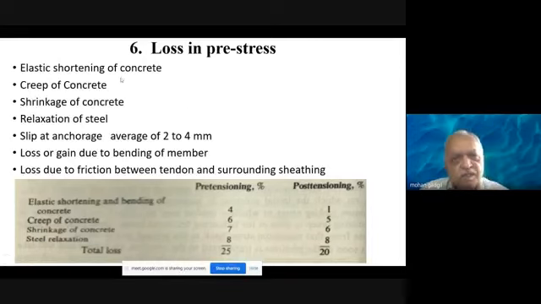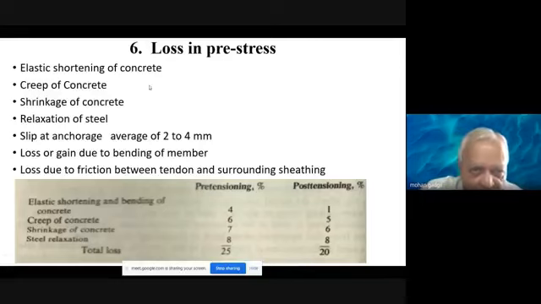So if initially you had applied, let us say, 300 kilonewton of force, then eventually it may be reduced to 260 or 270 kilonewton, and so on. Then the creep of concrete: over a period of time, concrete deforms, and with this deformation, the strain increases. The result of that is the prestressing force reduces.